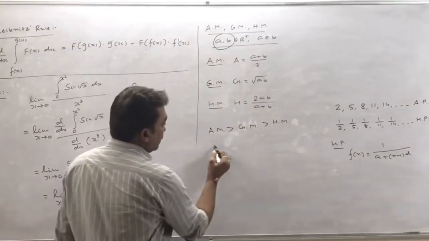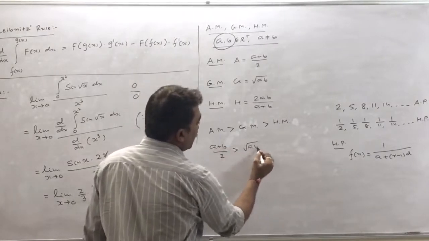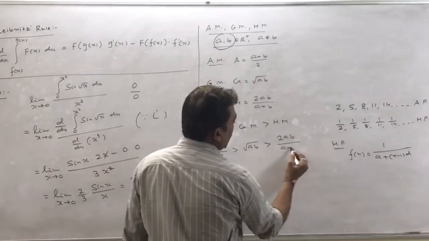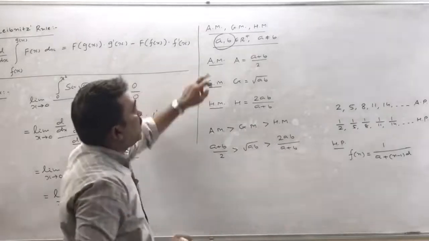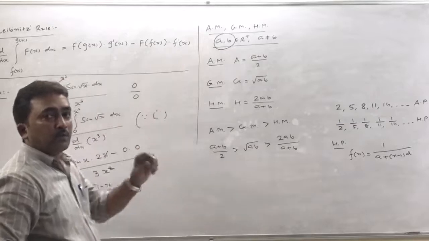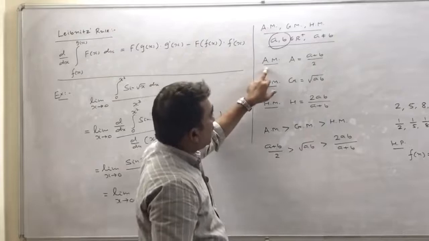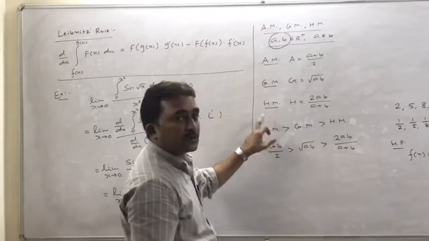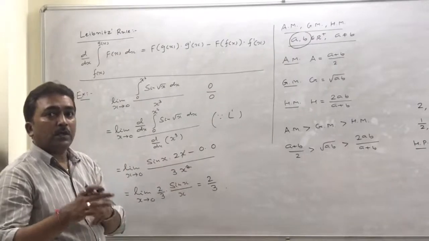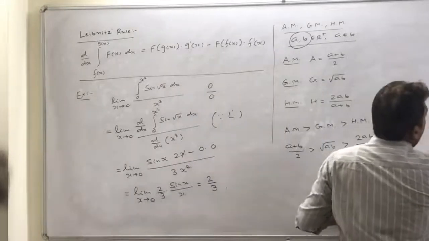In short, A plus B by 2 is always greater than root AB, and that is always greater than 2AB upon A plus B. If two positive real numbers are given, and we want to discuss arithmetic mean, geometric mean and harmonic mean, then arithmetic mean is this, geometric mean is this, and harmonic mean is this. Clear? And always A greater than G greater than H. Remember this part.